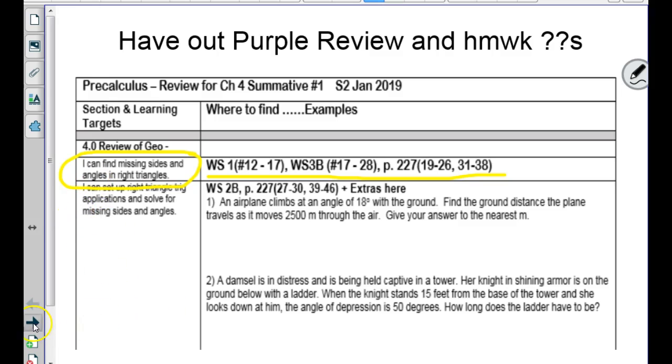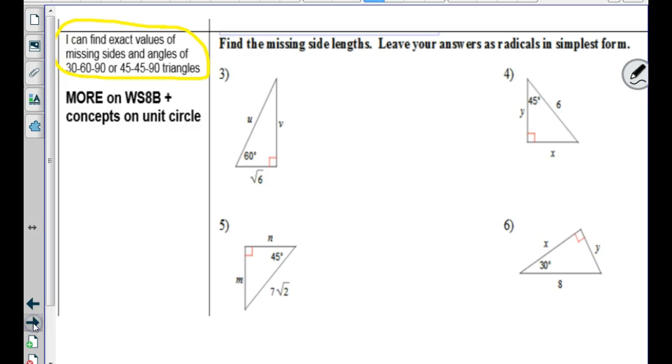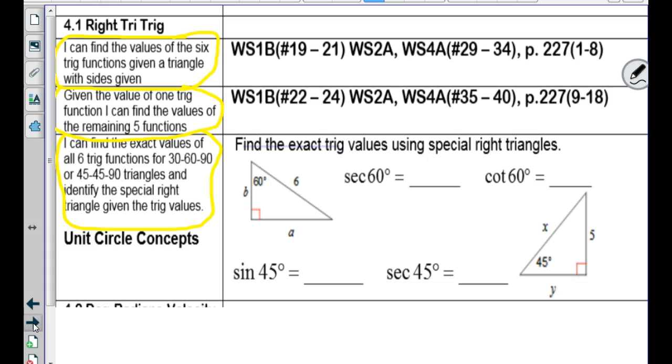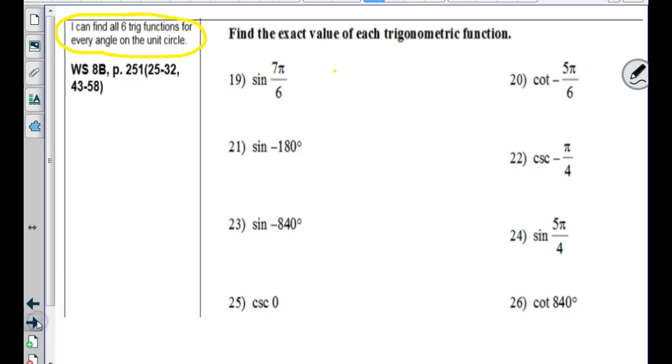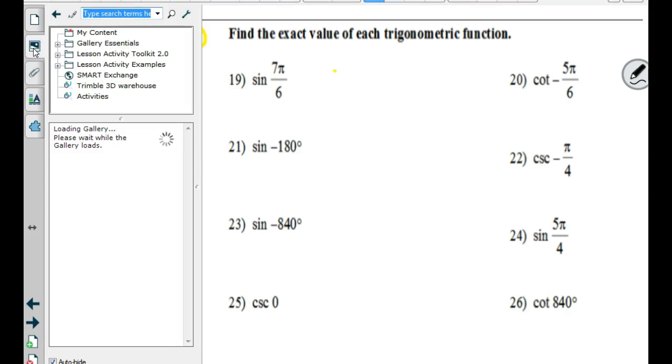Exact values. Can you tell me where you're looking on there? Like special right triangles here, or? These? Okay. So these are using the unit circle, which I don't think I put a unit circle on my slides here.